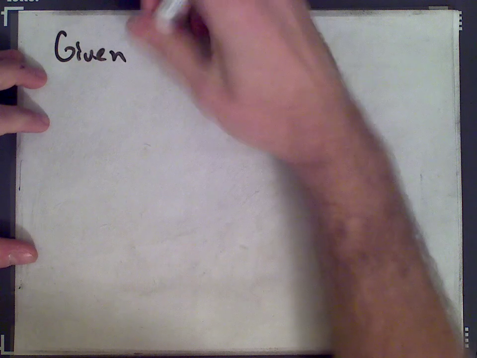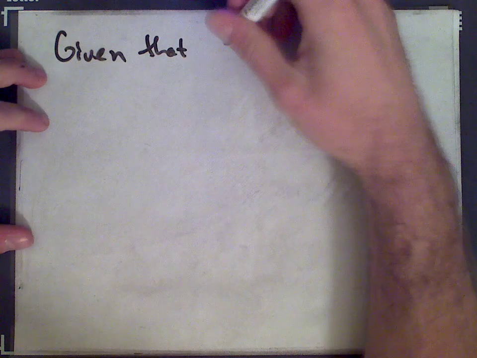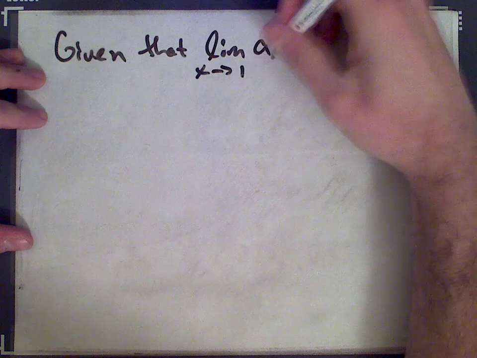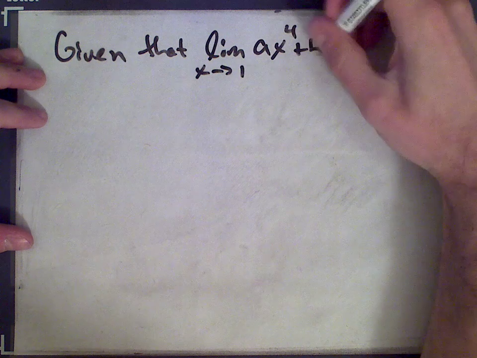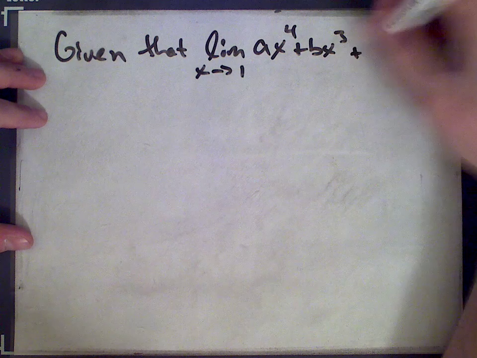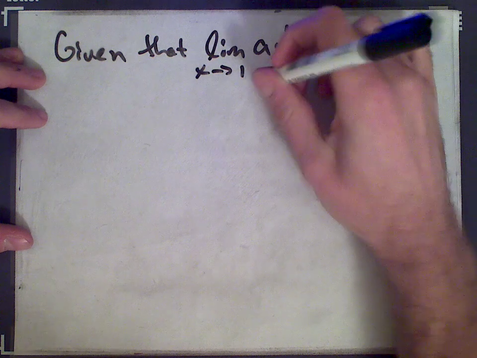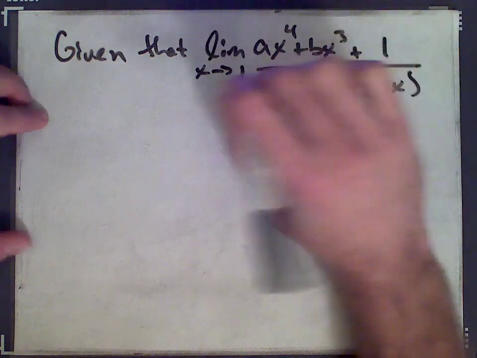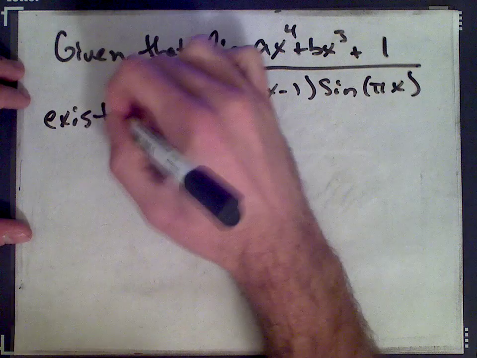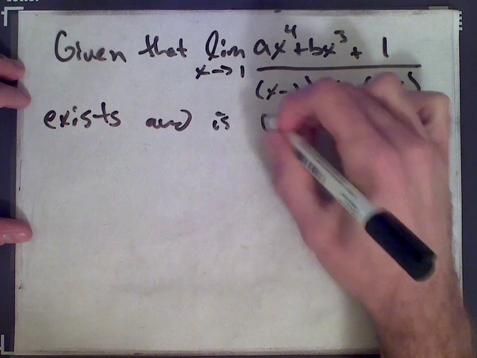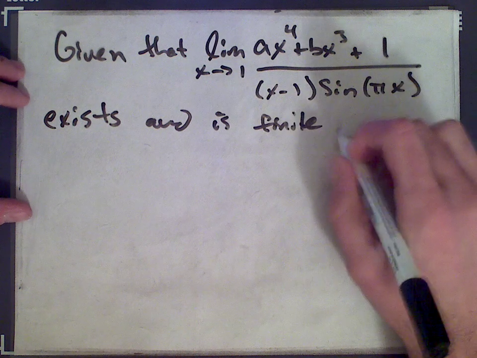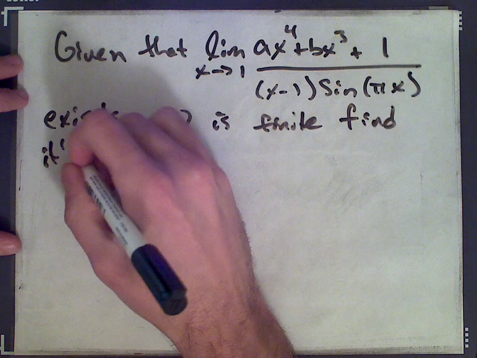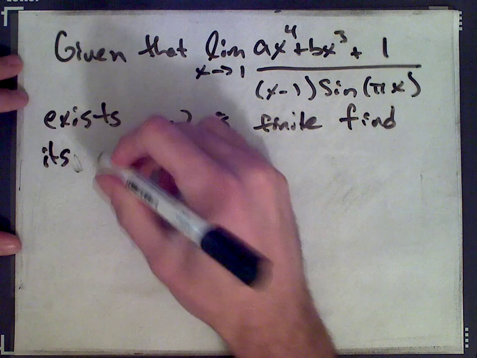Given that the limit as x goes to 1 of (ax^4 + bx^3 + 1) over (x - 1) times sine of pi x exists and is finite, find its value.